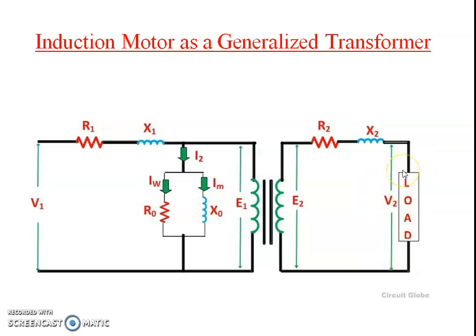Now general practice मध्ये कसं असतं की this V2 is always less than E2, or simply we call this E2 is always greater than V2.